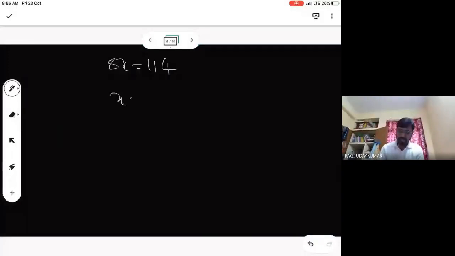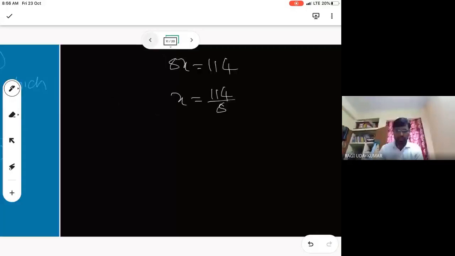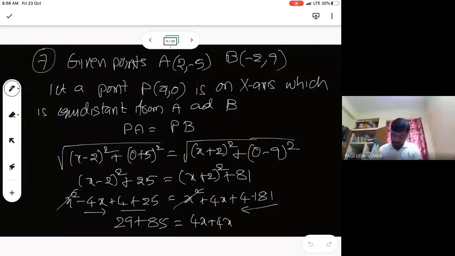X is equals to 114 by 8. 8 से डिवाइड होगा. Is it divisible by 8? 114 नहीं आ रहा है ना. Sorry, plus 85, minus 85 आएगा ना. Sorry.